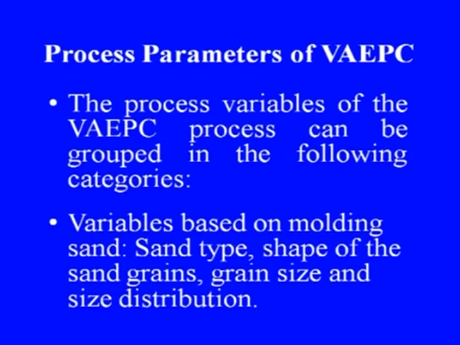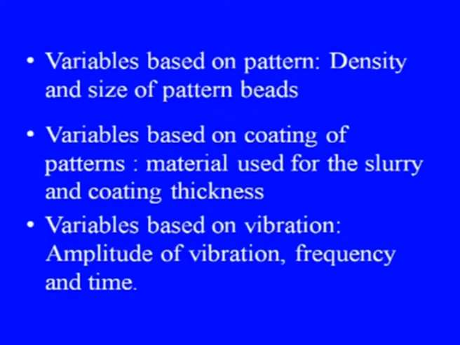These variables are sand type, shape of the sand grains, grain size and size distribution. Number 2, variables based on pattern. These variables are density and the size of pattern beads.